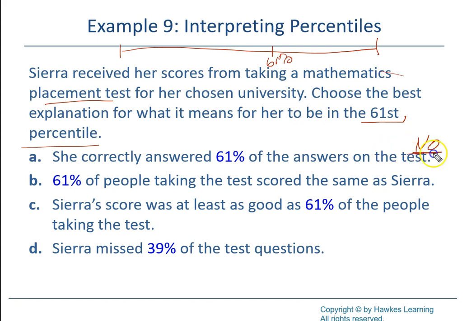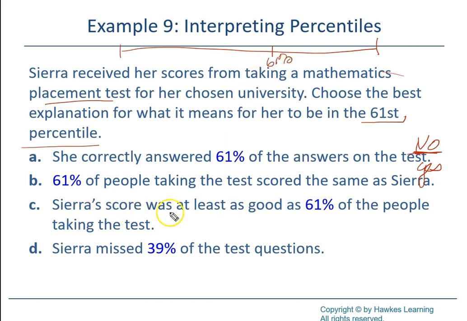That doesn't mean that 61% of the people taking the test scored the same as Sierra. This is yes. This means that she was at the 61 percentile compared to the other people that had that same test score results.